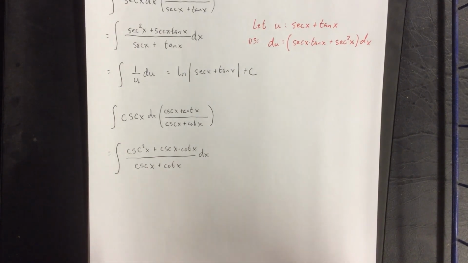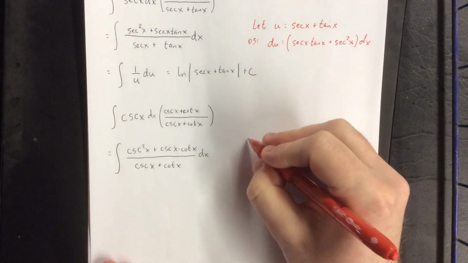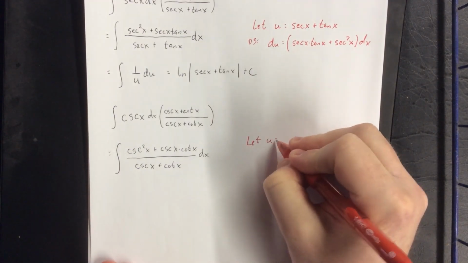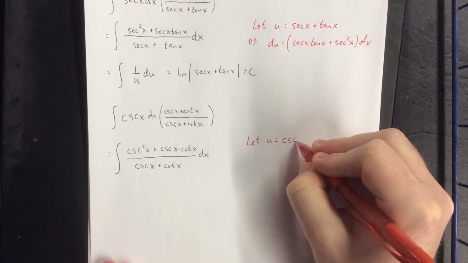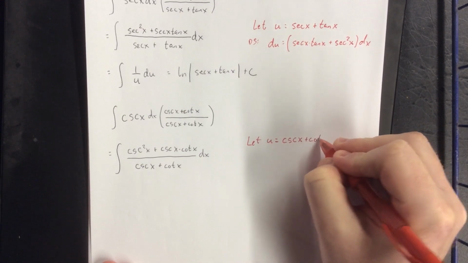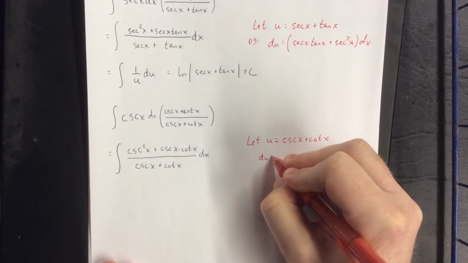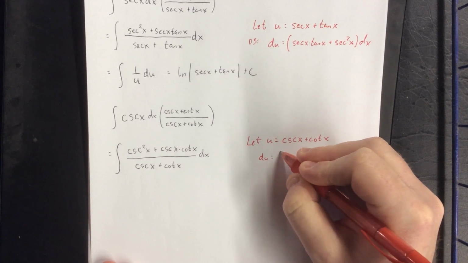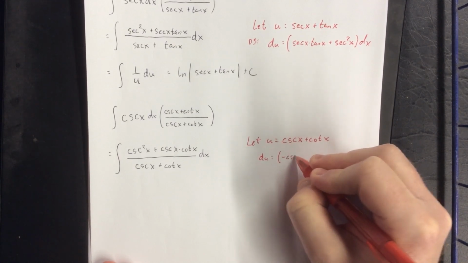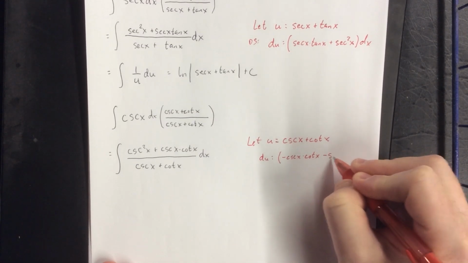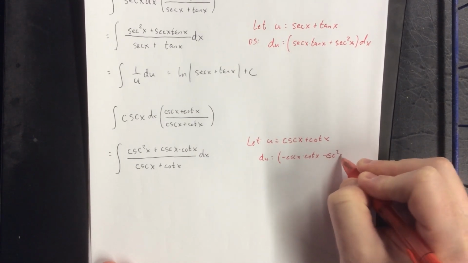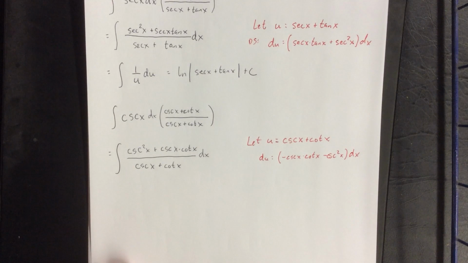As I did on the previous 3 examples at this point, I am going to let u be equal to the bottom, and a miracle is going to happen up top. So cosecant of x plus cotangent of x, then du is going to be equal to the negative cosecant of x times cotangent of x minus the cosecant squared of x dx.